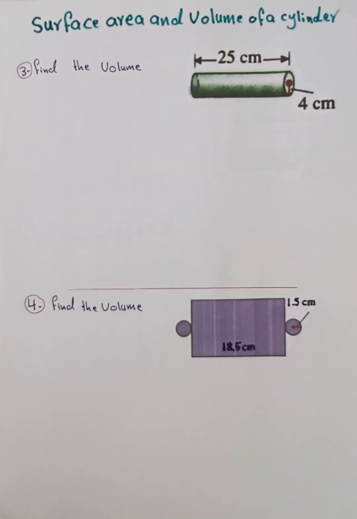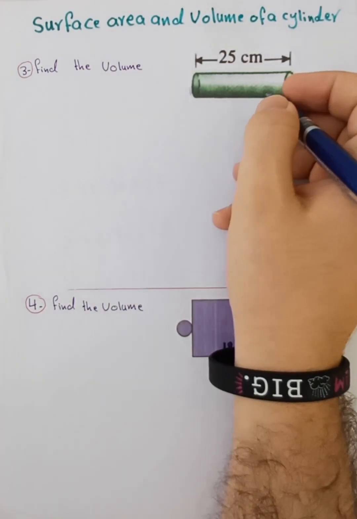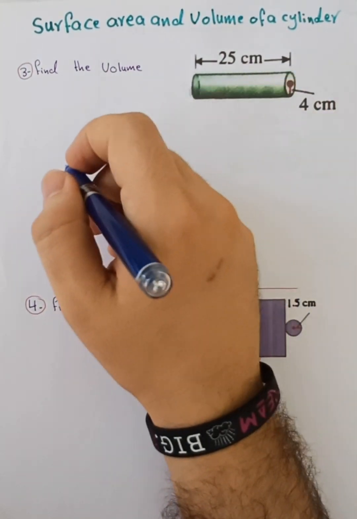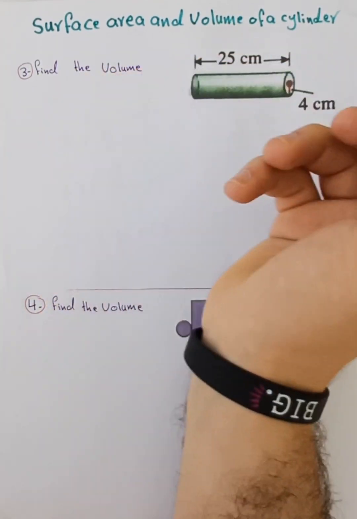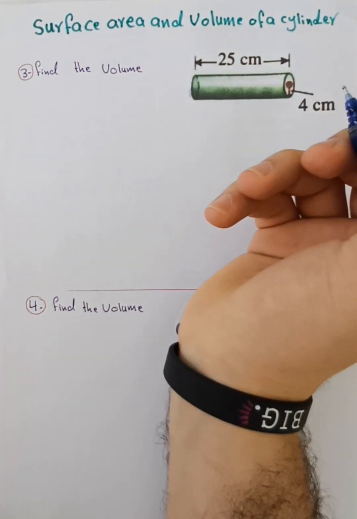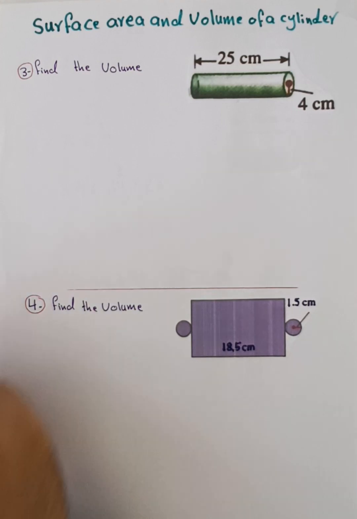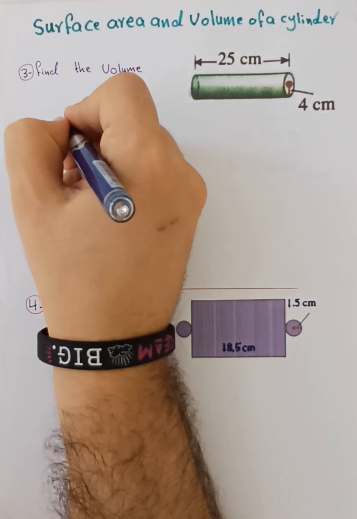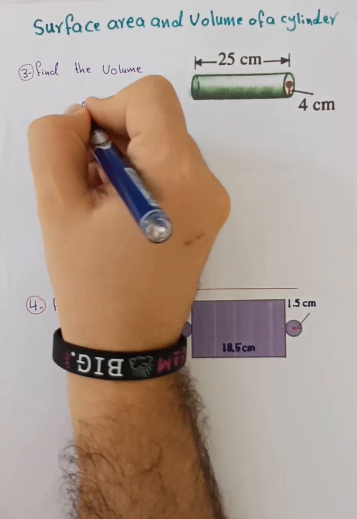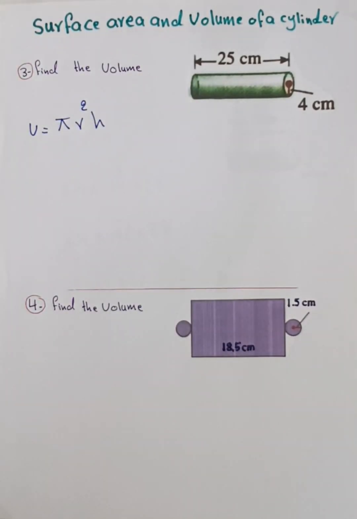After that, example number 3, you have this cylinder. How to find the volume for this cylinder? First, we have to write the rule. The rule for volume is pi r squared h.